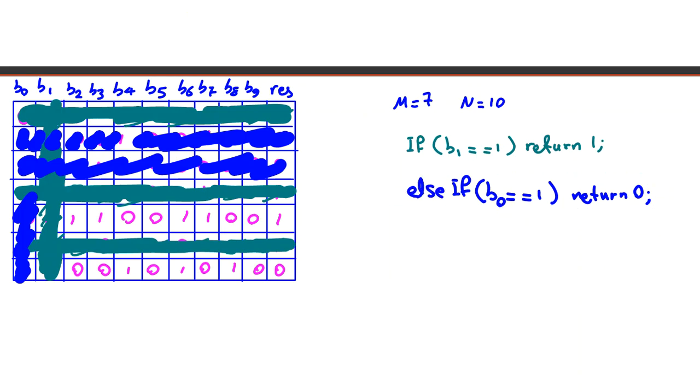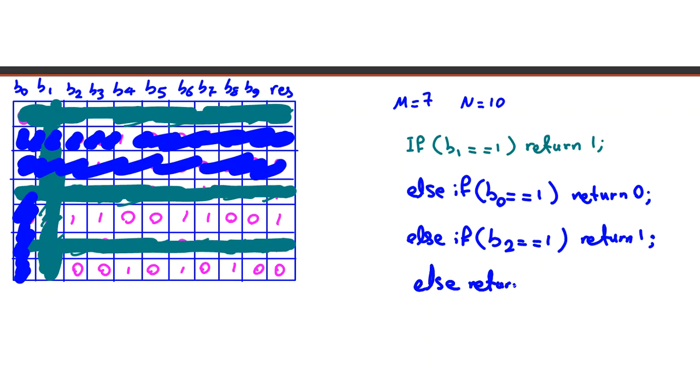Else if, here, now because 1 is 1, 0 is 0, you say else if B2 is 1, then return 1, else return 0, and we can erase all these things. So by only using B0, B1, B2, we could satisfy all conditions.